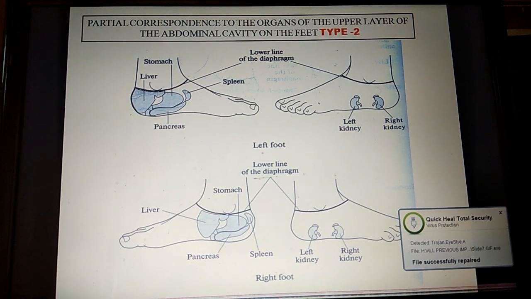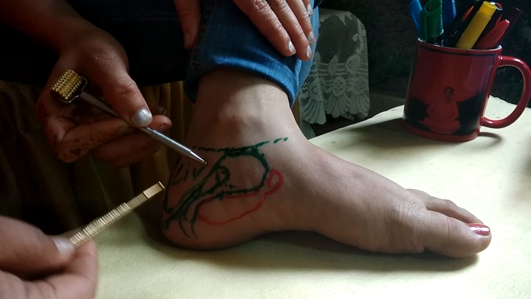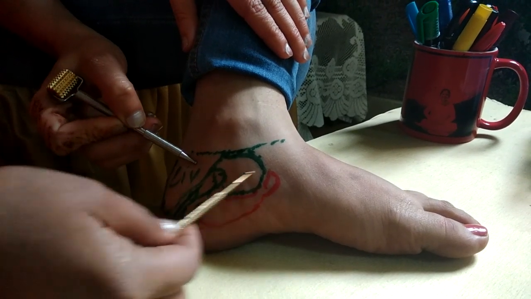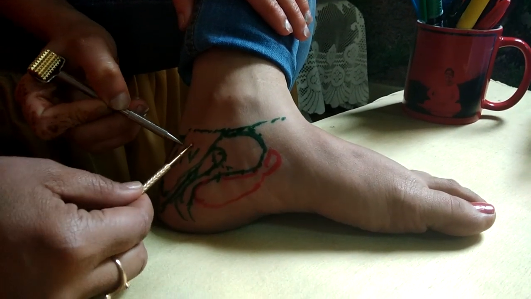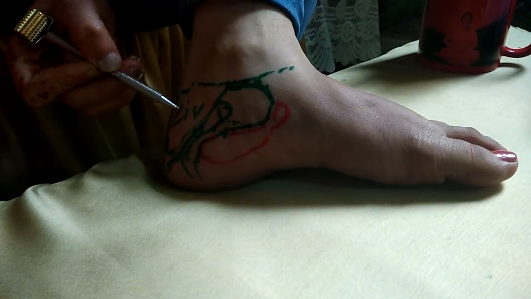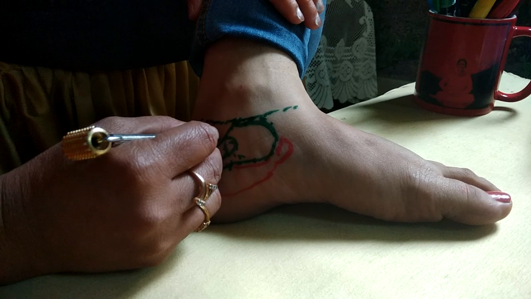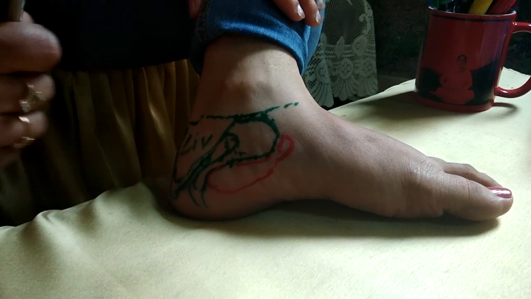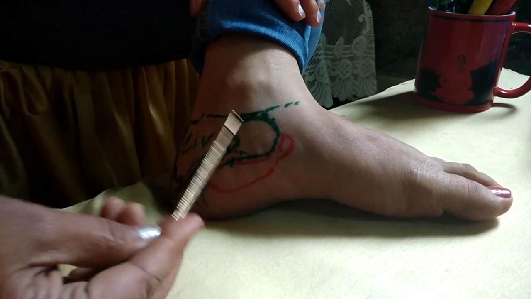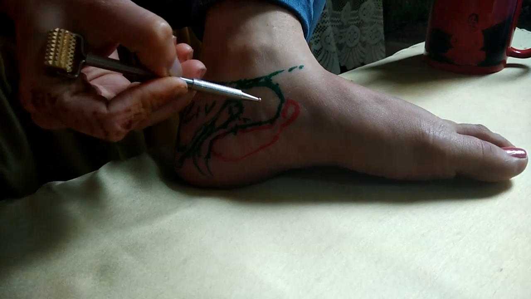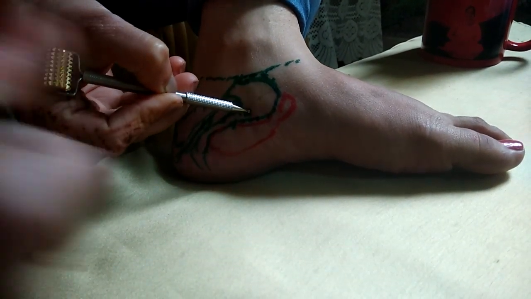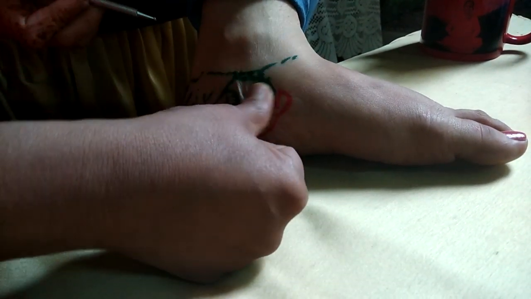Let's see on the foot. This is the front part, the front yin surface. For example, if there is a liver problem, you can search one by one for the painful point here, one by one like this. And if the patient has a stomach problem, you can check the point with the help of the thumb.